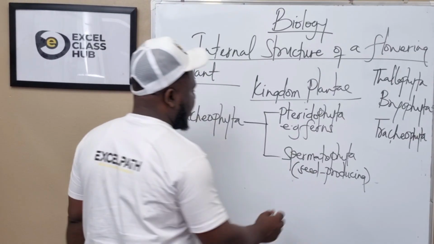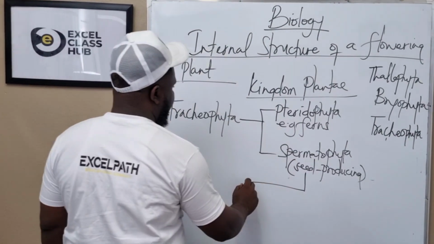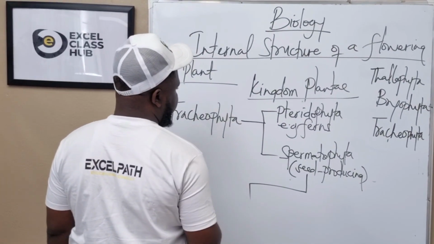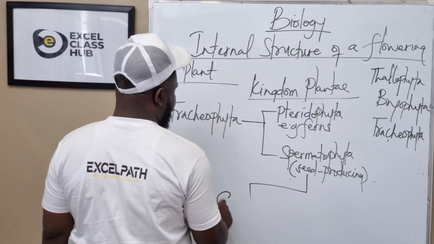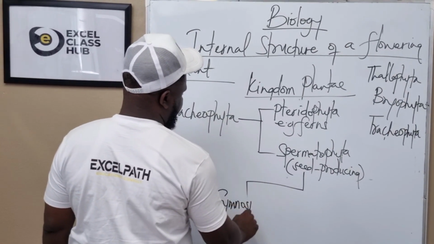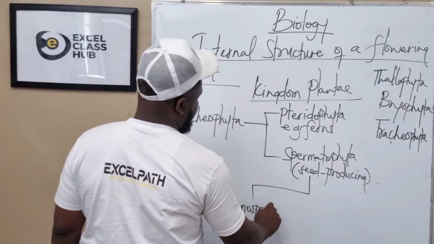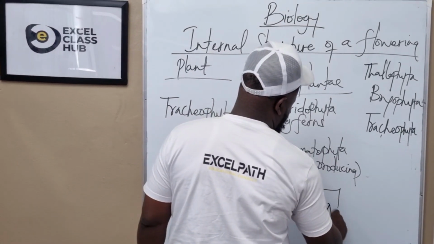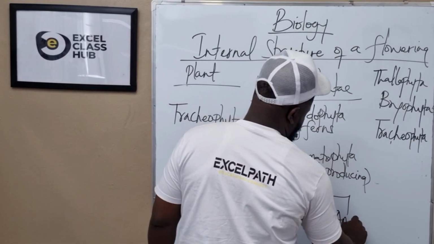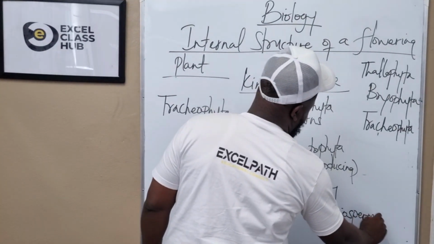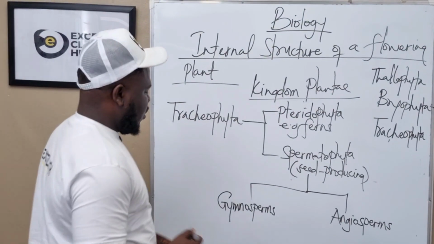The Spermatophyta are further divided into two: the gymnosperms and the angiosperms.